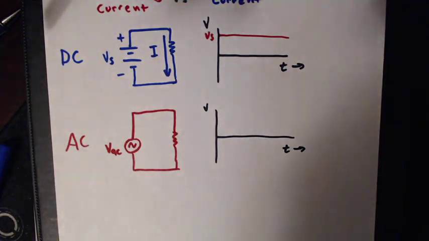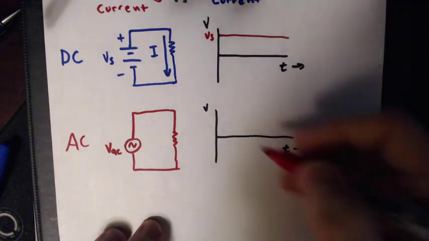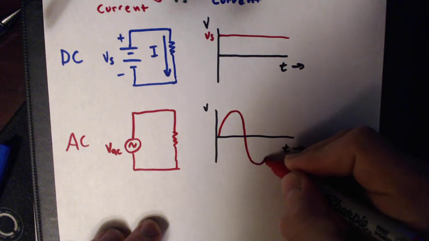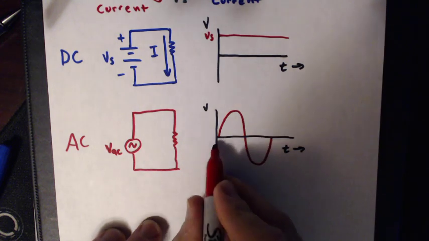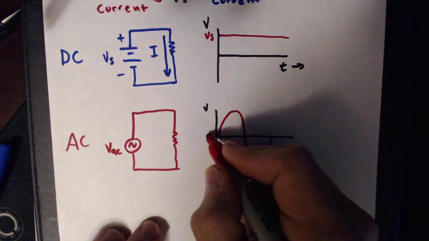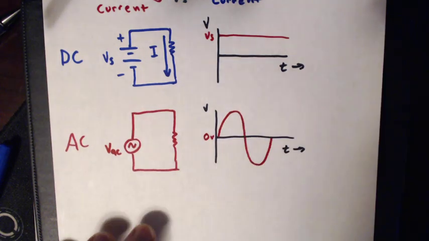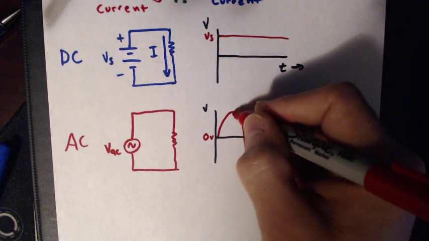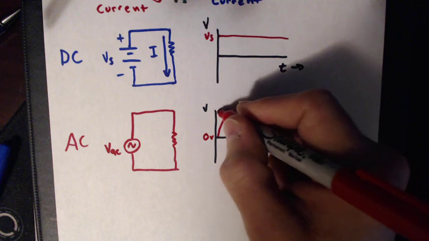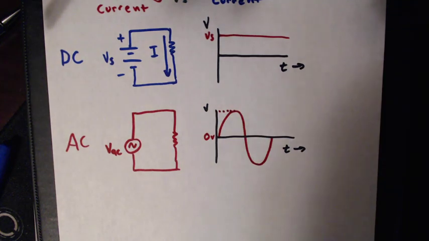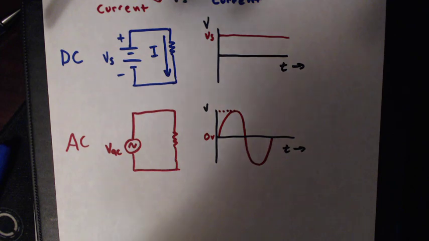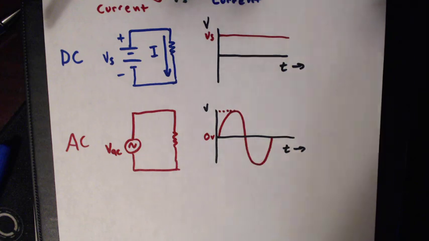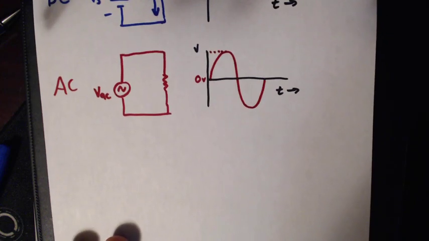The AC voltage will actually be going up and down, and we'll always take it centered at 0 volts. Now we do have to define what this peak value is, and I'll get to that in a moment. But for right now, let's look at a couple of things here with AC.